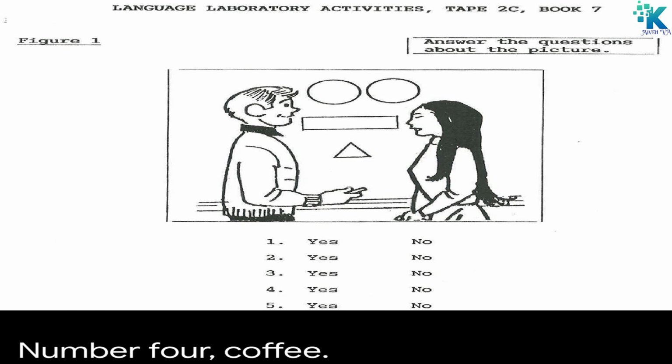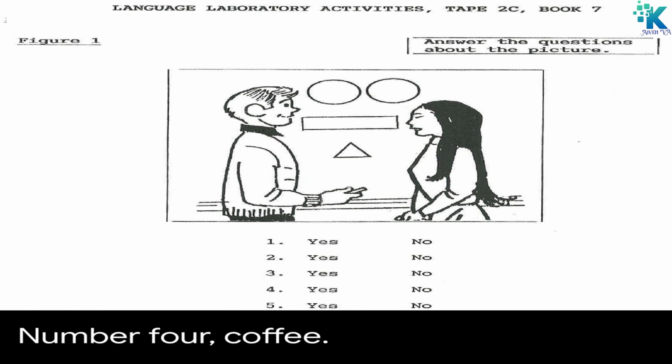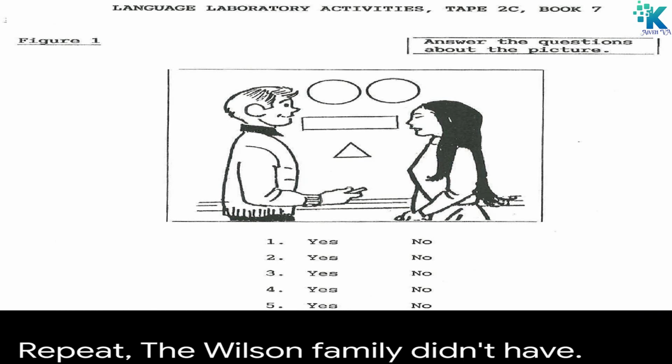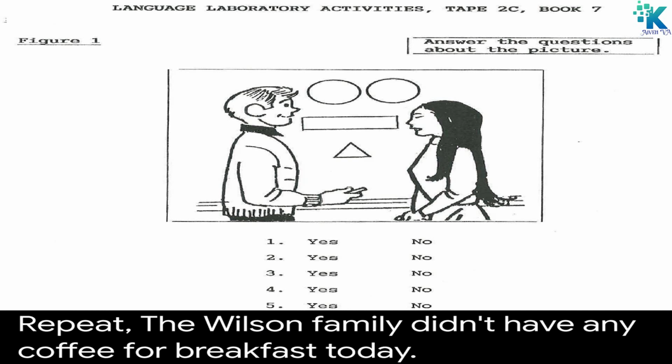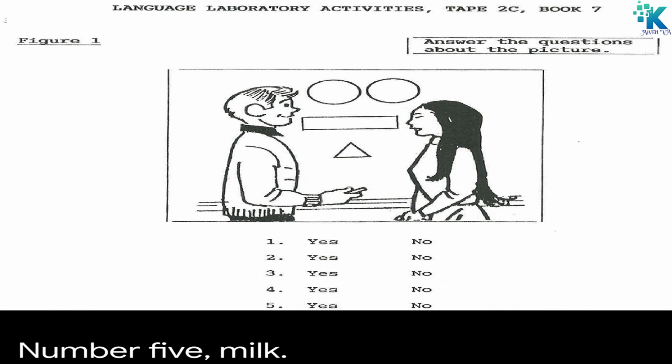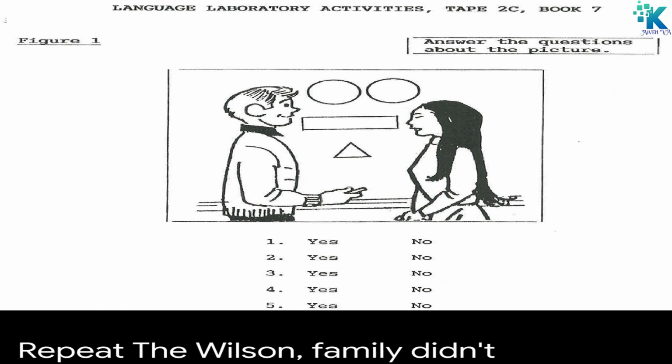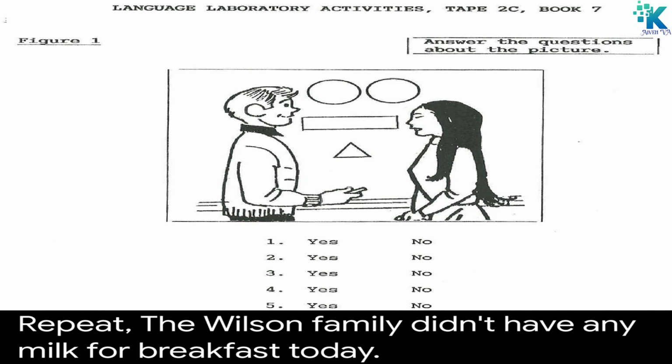Number 4. Coffee. Repeat. The Wilson family didn't have any coffee for breakfast today. Number 5. Milk. Repeat. The Wilson family didn't have any milk for breakfast today.